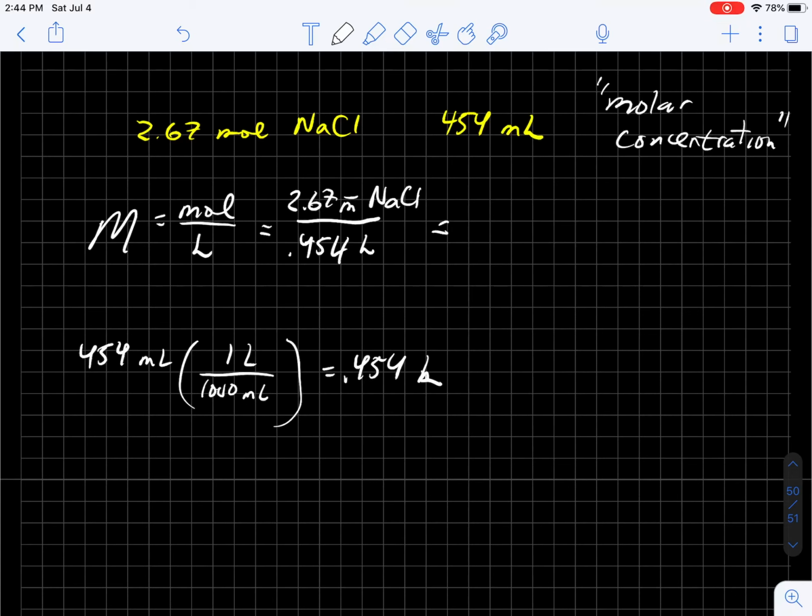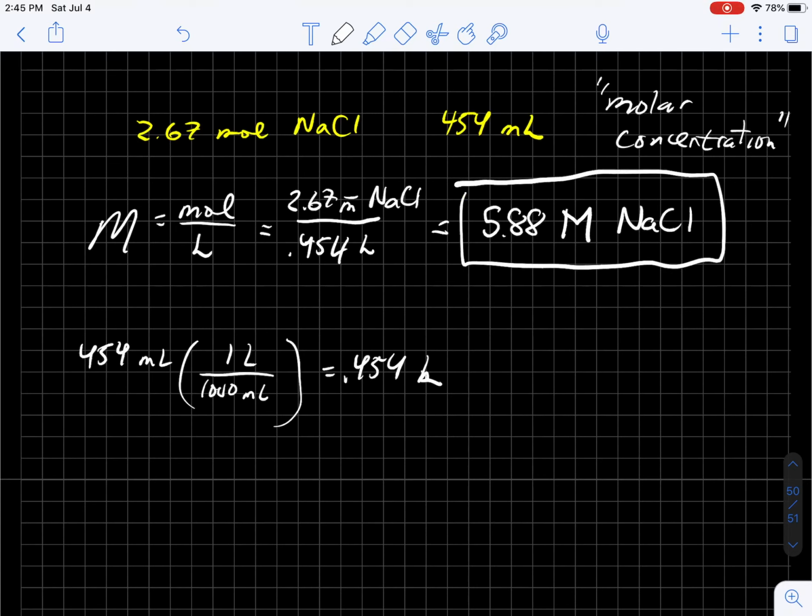So we're going to do 2.67 divided by 0.454, and we get 5.881057269. How many sig figs? Looks like 3. So we're going to do 5.88. Now you can leave it as moles per liter. I tend to like to do that, but when I'm labeling bottles, I'm just going to put capital M for molar. So 5.88 molar sodium chloride. We do not include the solvent. So number 5.88, unit, molar, chemical label, NaCl.